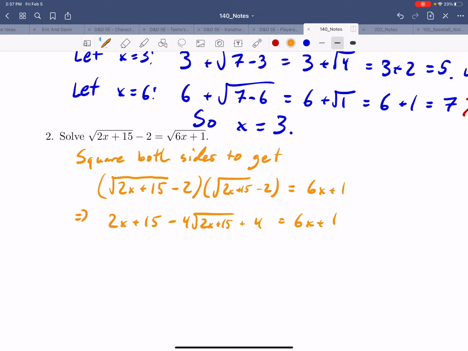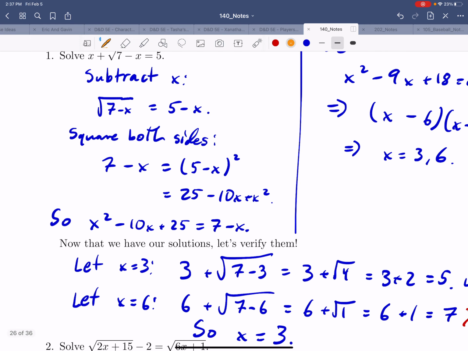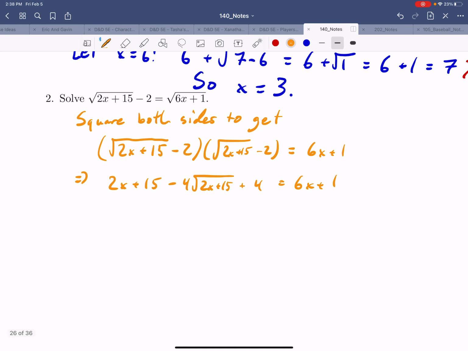Well, now I think we go right into our previous tactics of combining the like terms, and maybe we dip into what we did for number 1, where we get the radical on one side and then square both sides, okay?